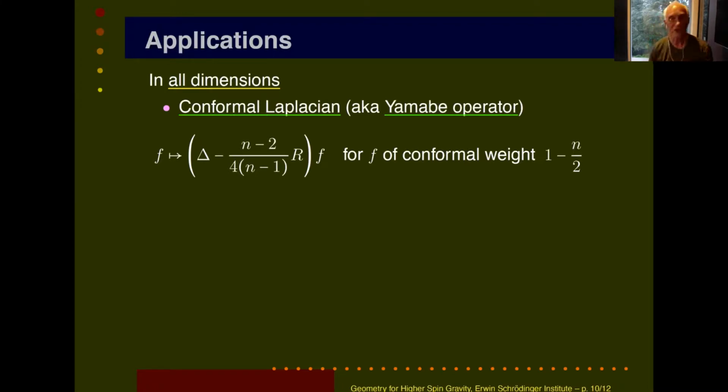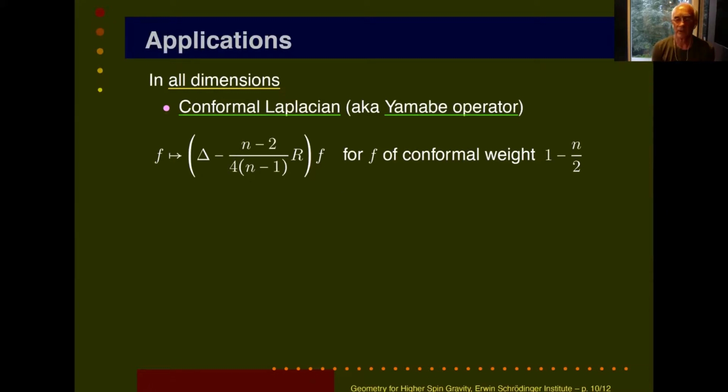You can go through this and derive this formula for the conformal Laplacian. Let me explain this a little bit more. f is not strictly speaking a function. If you choose a metric in the conformal class, then f is a function. So a metric in the conformal class reduces everything to looking at just functions on your manifold.